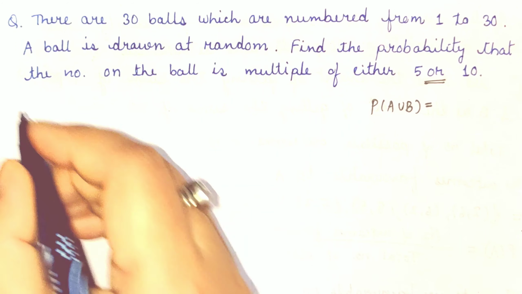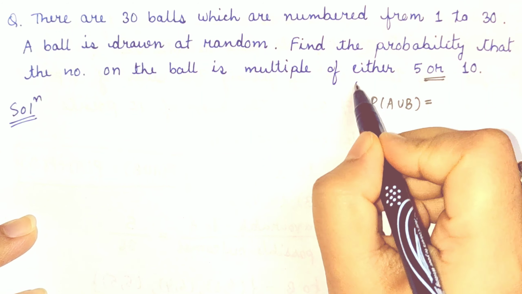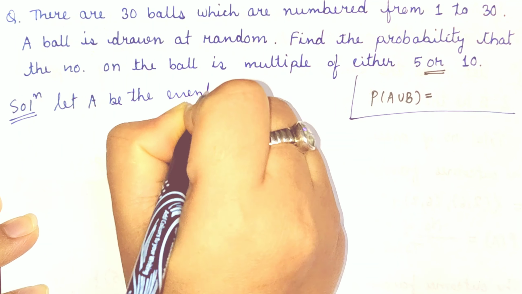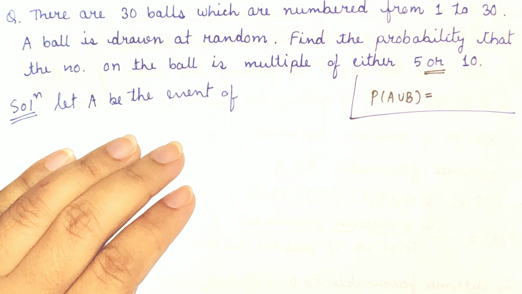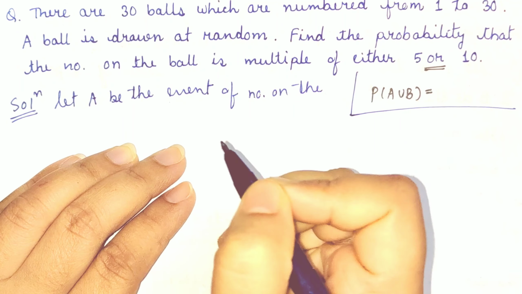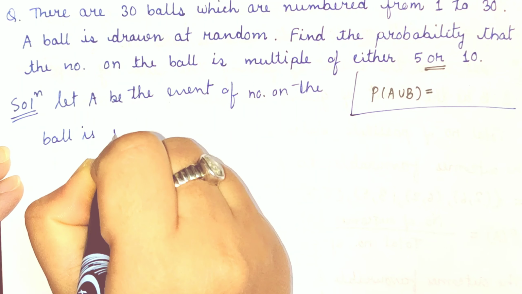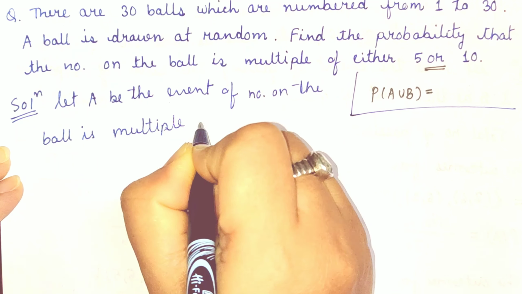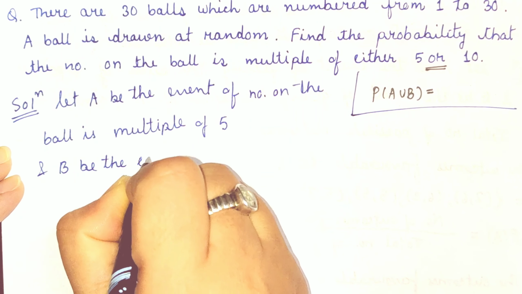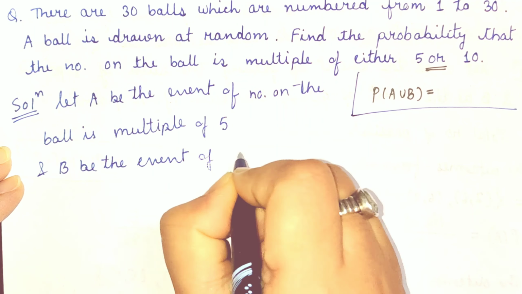In this question, we assume that A is the event that the number on the ball is a multiple of 5, and B is the event that the number on the ball is a multiple of 10.